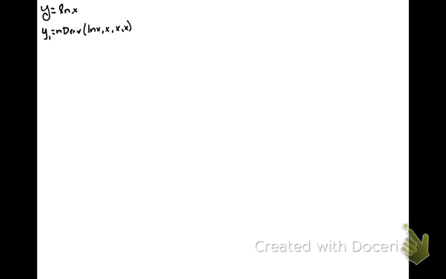If you look at the table and start your table at 1, you're going to see something like this. And what you should notice is that y prime in every case is just the reciprocal of x.